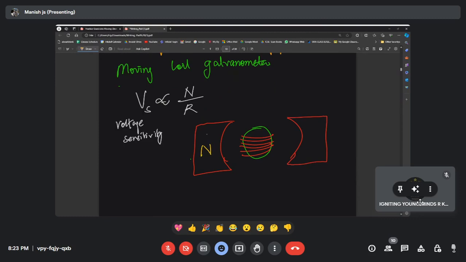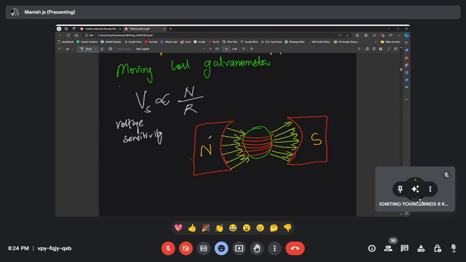Say the left side is the north pole and the right side is the south pole. The way it is present, you can see it is curved. Therefore, all the magnetic field lines point out radially like this. Here also it is radial. That is why we call this a radial magnetic field.